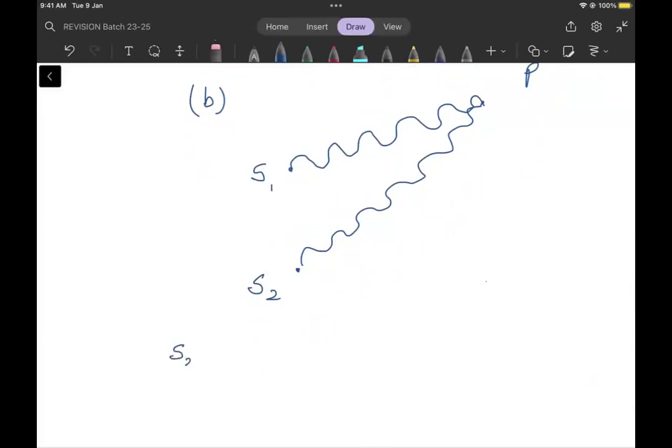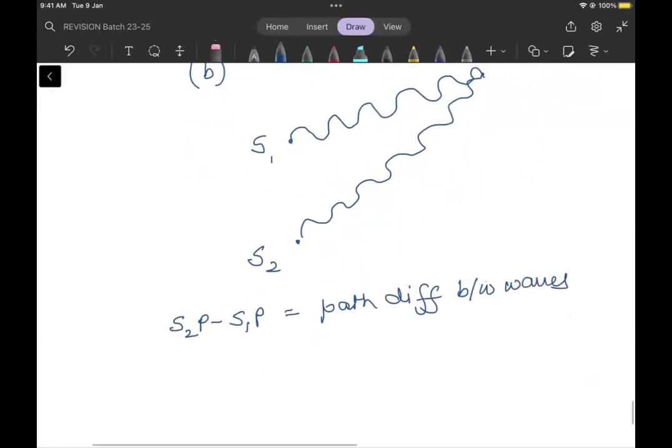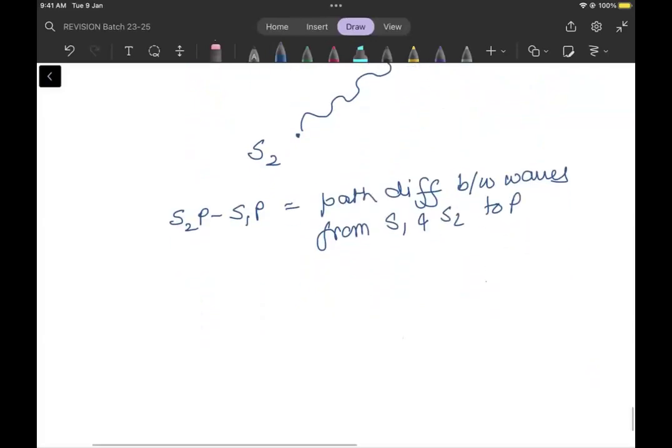So S2P minus S1P is defined as the path difference between the waves from S1 and S2 to P. And all we have to remember is that S2P minus S1P is equal to n lambda, n equal to 0, plus minus 1, plus minus 2, plus minus 3, and so on.